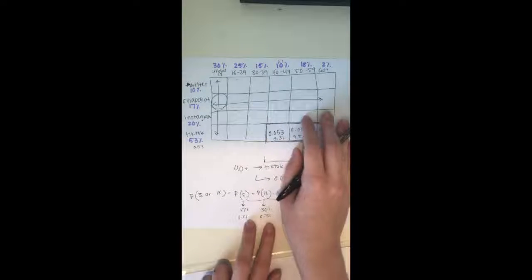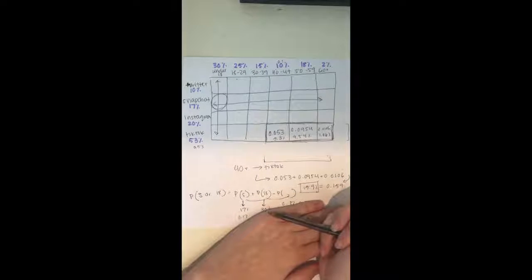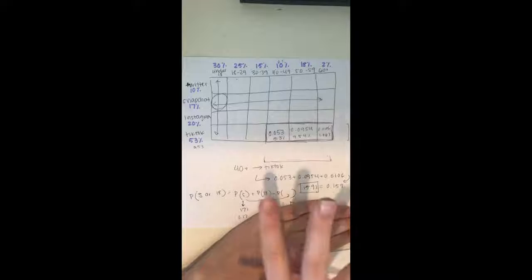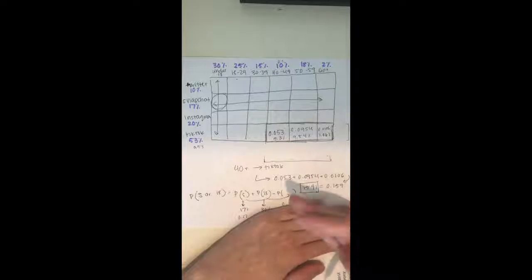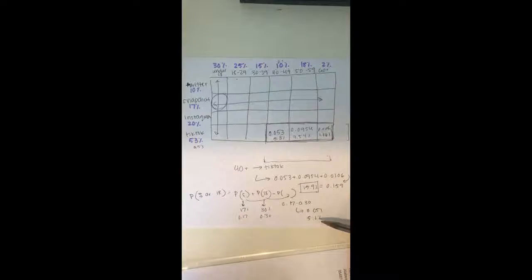Turn those two into decimals, and then to figure out the probability of both of those happening, you multiply those decimal values together, just like we did here, because it's an intersection. Once you solve that down, you get 0.051, which is 5.1%.